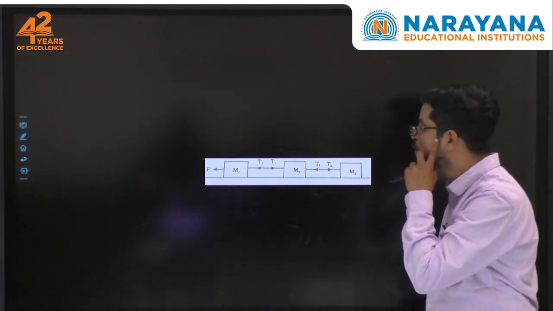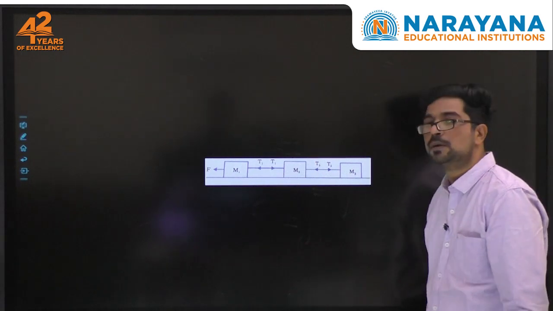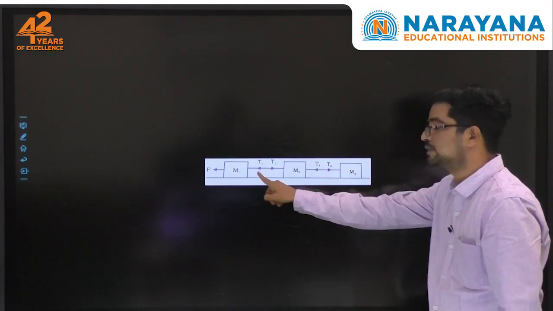If you have a picture as shown here, now see there are three masses rather. In the first case you are seeing two masses, but now there are three masses as shown here, and you find tension at two different places.